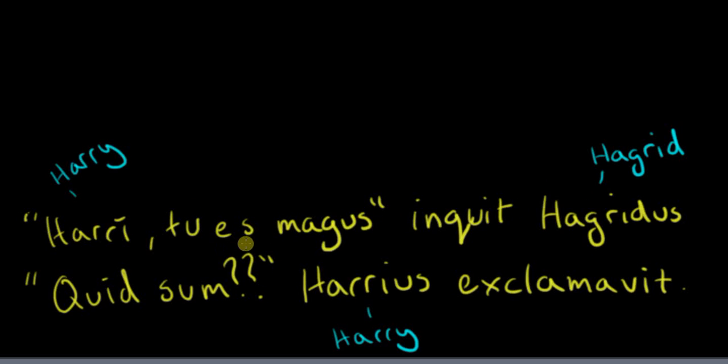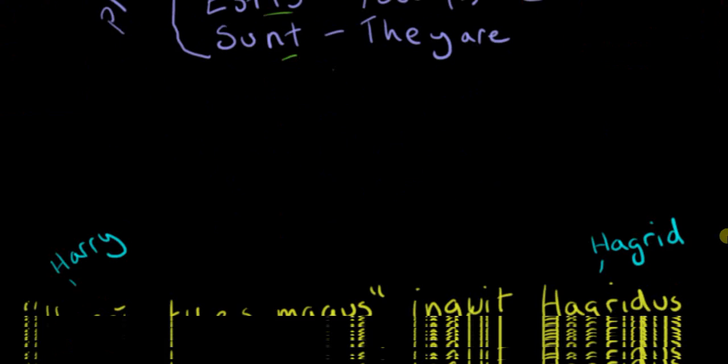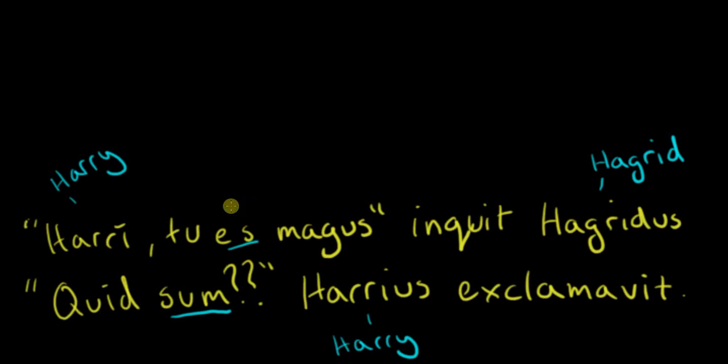And then there's two words here that we should recognize from today's lesson. So if I underline those and then scroll up, we can see we've got es and we've got sum. So we've got I am and we've got you are. So we've got you are here.